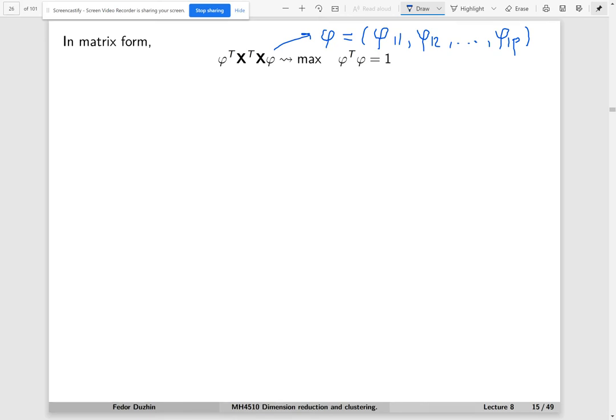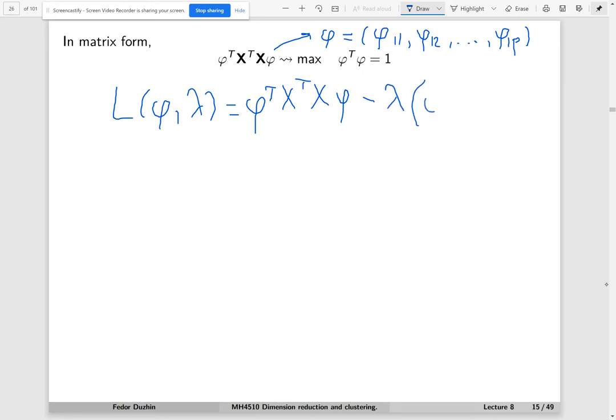How do we find the maximum of some function subject to a certain constraint? To do this, we find the Lagrange function. The Lagrange function is a function of phi and lambda, and to construct it, we just write the objective function, phi transpose X transpose X phi, minus lambda times the constraint, and the constraint is phi transpose phi minus 1.